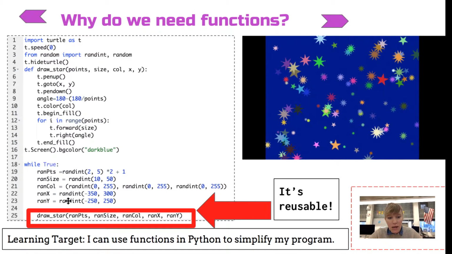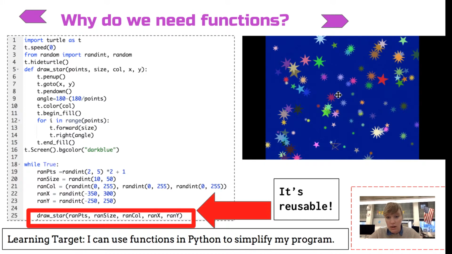Then what I did with my while true loop is I set the points and the size, and I randomized these things, including the location, and then I called the draw star function. This is the point at which I ask this block of code to run. Now the while true loop runs forever and ever because the condition is always met, because it's always true.